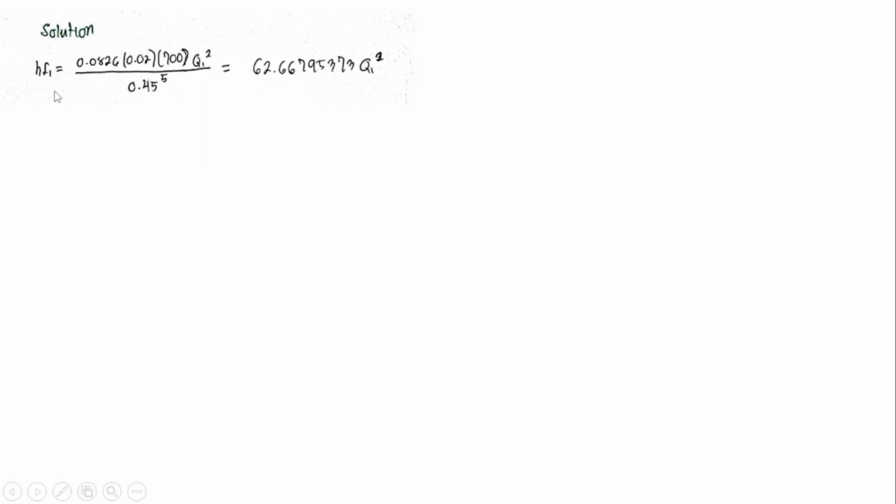So the major head loss in pipe 1 is equal to 0.0826 times the friction factor, which is 0.02, times the length, which is 700, times the discharge Q1 squared over D raised to 5, or 0.45 raised to 5, which is equal to 62.67 Q1 squared.